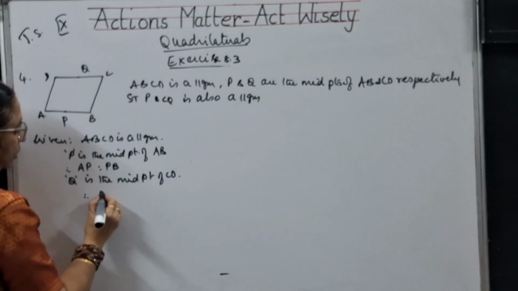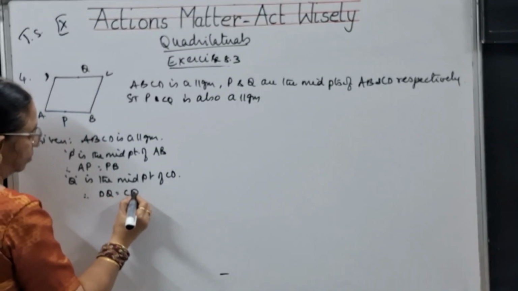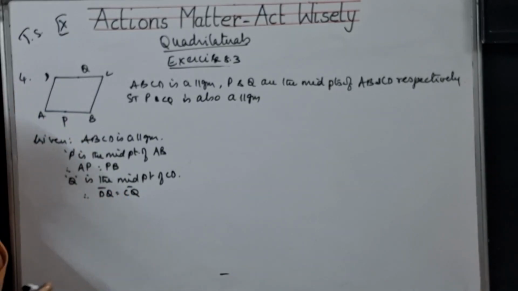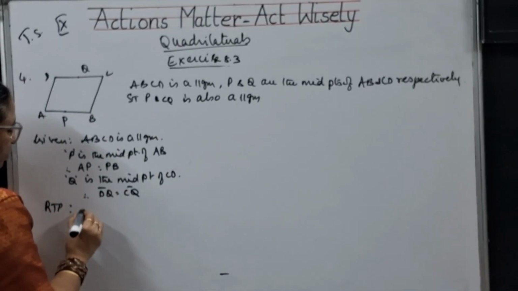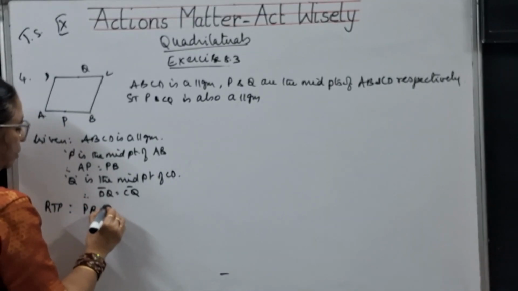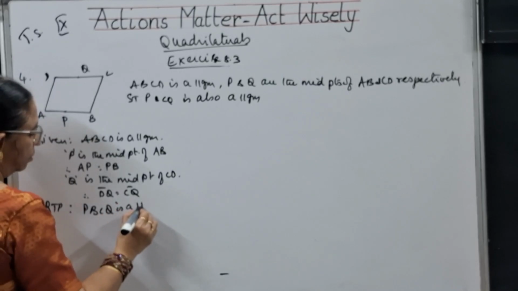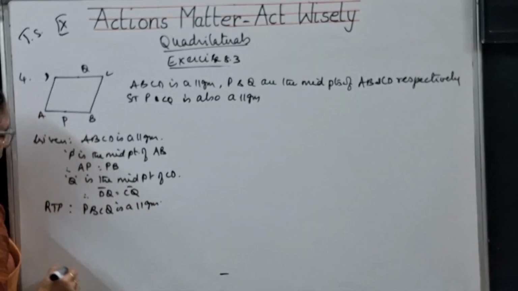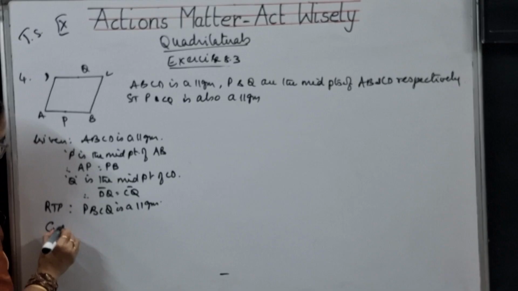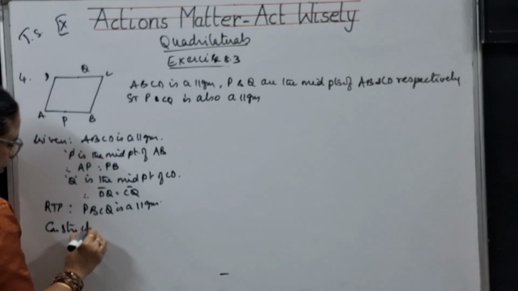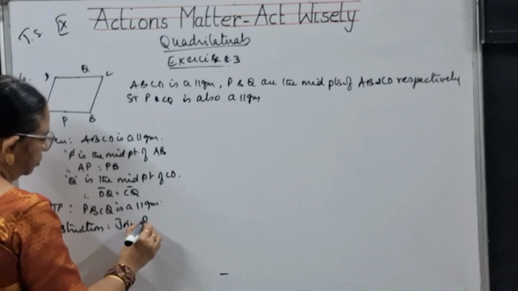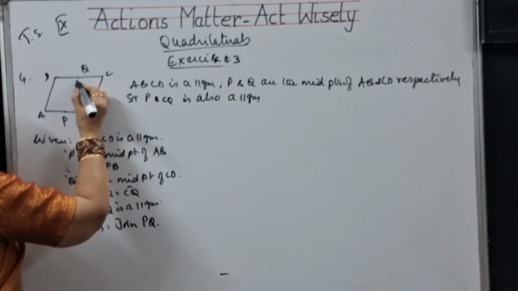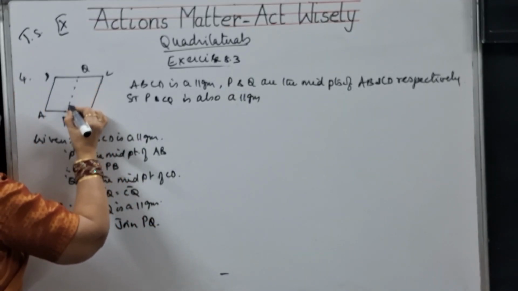Therefore, DQ is equal to CQ. Okay. Now, the RTP is what? We need to prove that PBCQ is a parallelogram. What is the construction here? The construction is you have to join PQ.